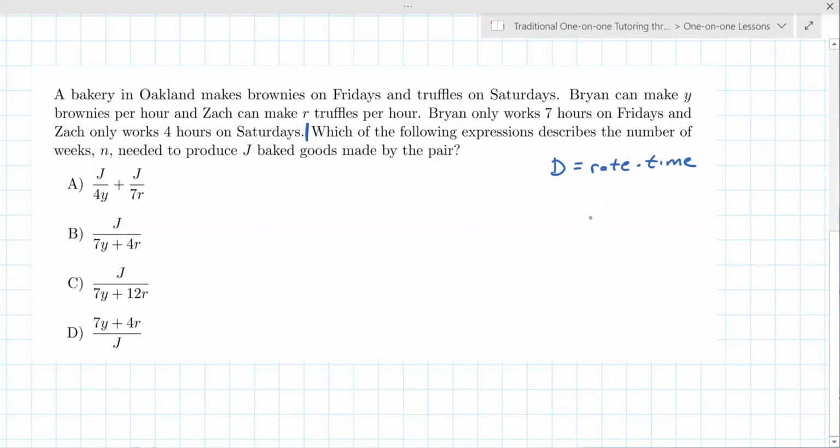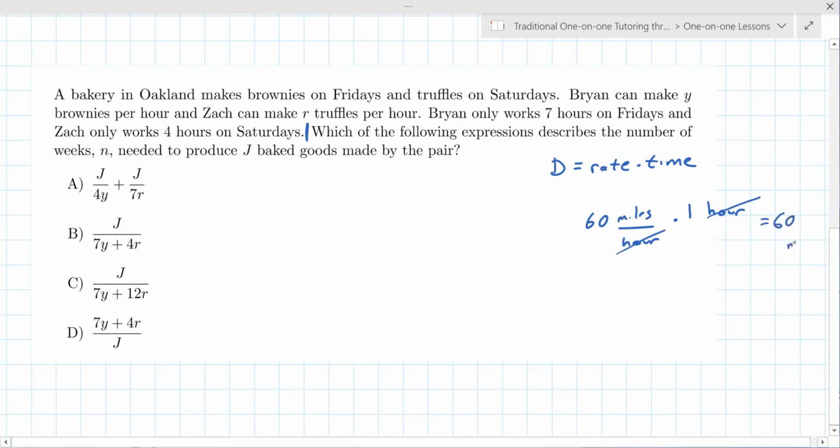Let's say you're on an interstate going 60 miles per hour, and you travel for 1 hour. How far have you gone? 60 miles, right? So this is your rate, the 60, and your time is the hours.